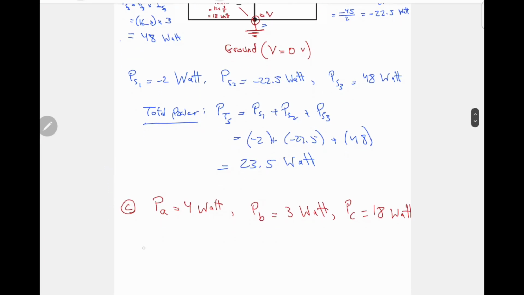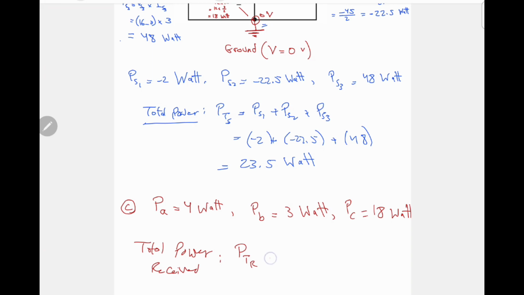So the total power received by all the resistors must equal the total power supplied by the sources. So what is that?